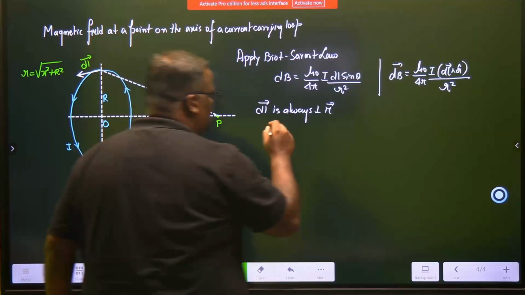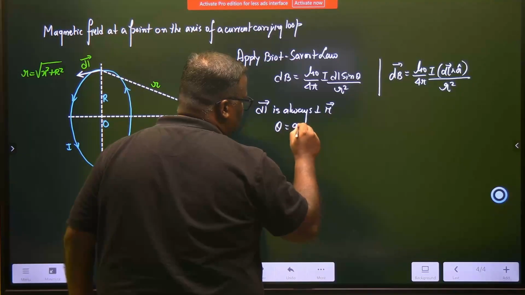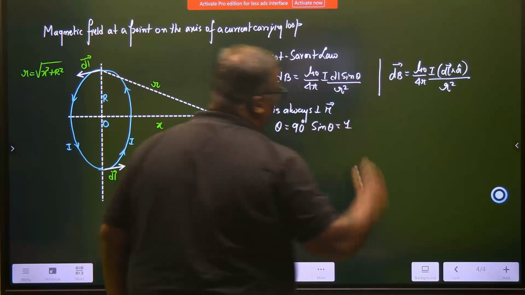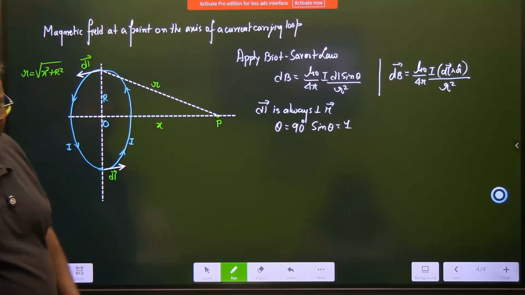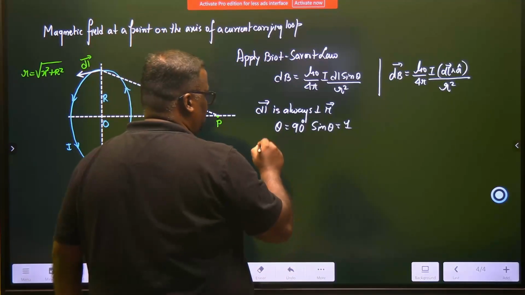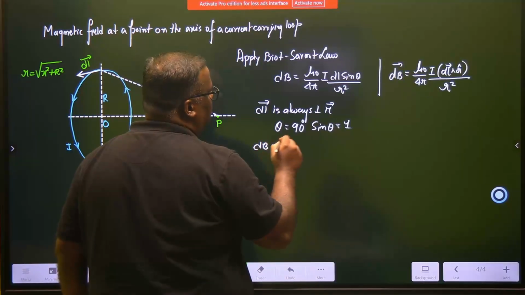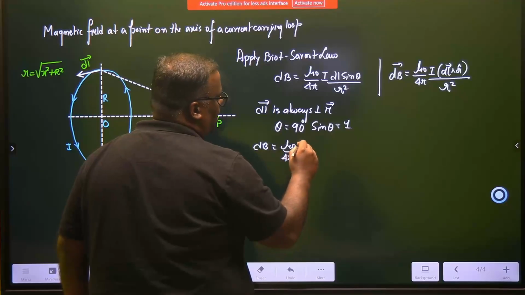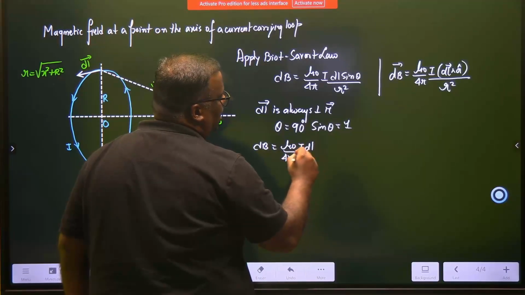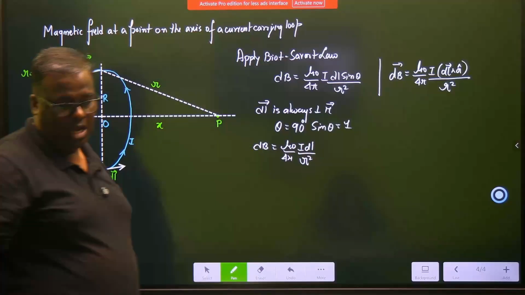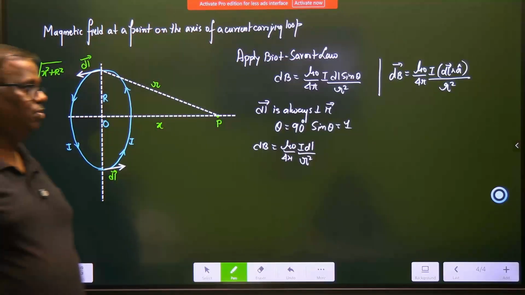Which means, in this case, theta will be equal to 90 degrees and sine theta's value will be equal to 1. Therefore, dB can now be said to be mu naught by 4 pi I dl divided by r square.